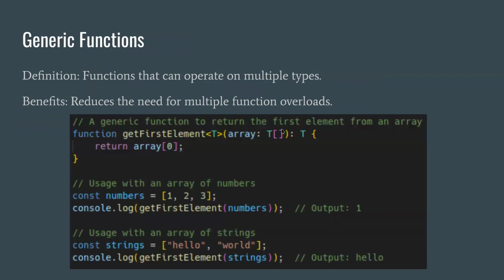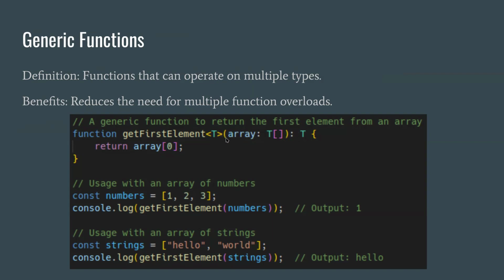Generic functions. Let's start with generic functions. These are functions that can operate on data of multiple types. For instance, let's consider a function getFirstElement that returns the first item from an array.